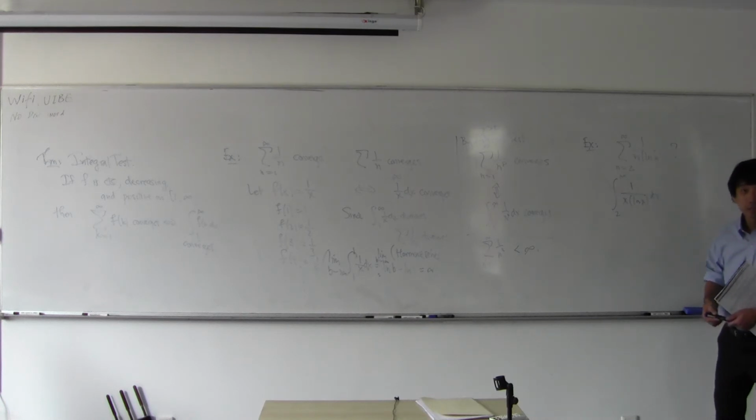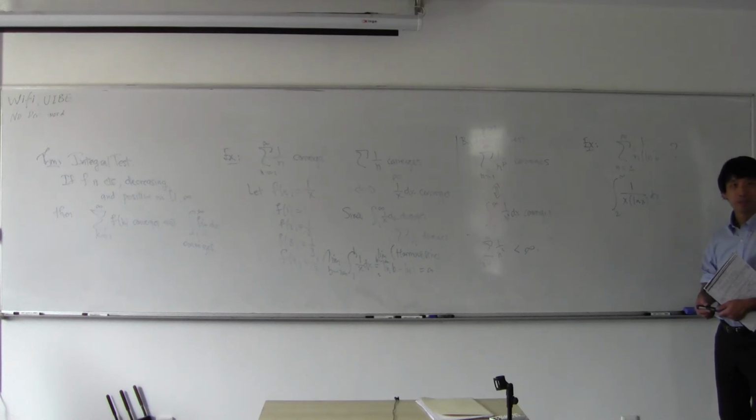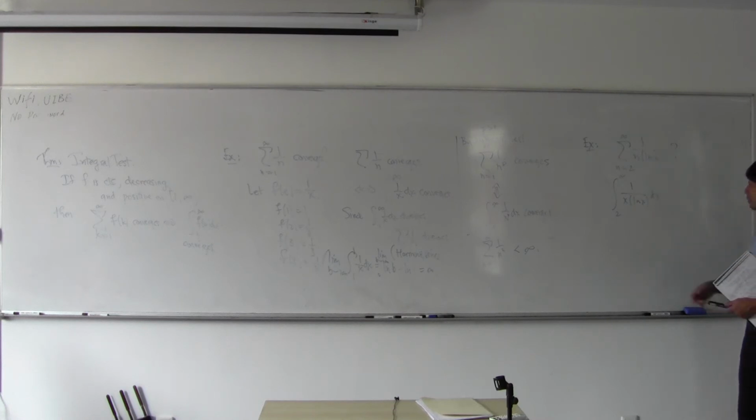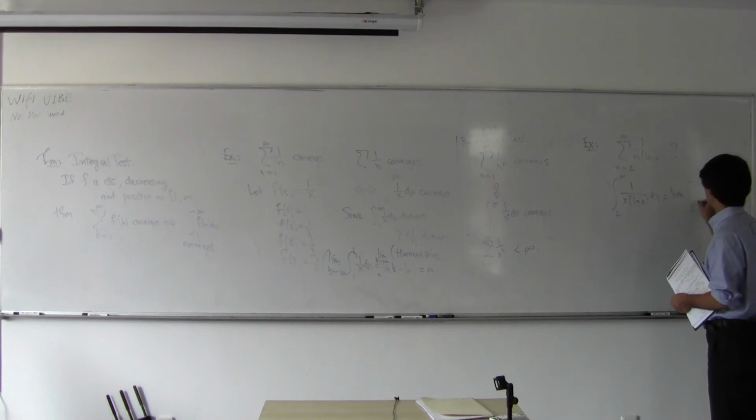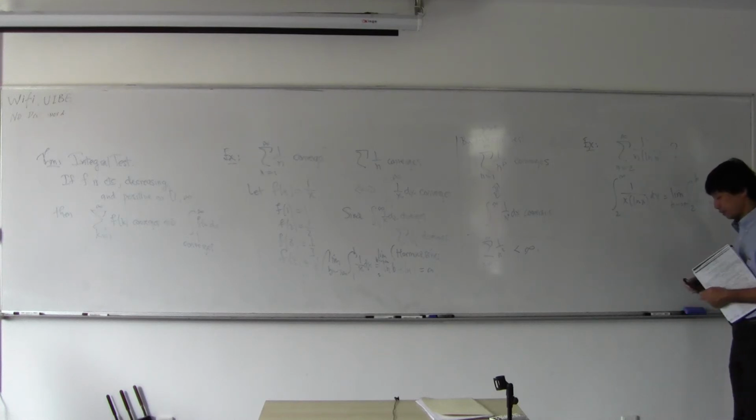Use what? Derivation? Differentiation? Derivative? Yeah. Okay. So how do you integrate this? This is going to be, of course, the limit as b goes to infinity of the integral from 2 to b.